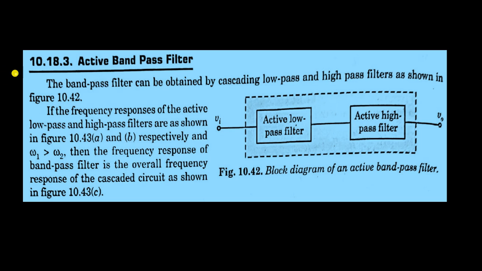Yes, active band pass filter. Active band pass filter can be designed by cascading, this is the cascading connection, low pass filter and high pass filter as shown in figure.